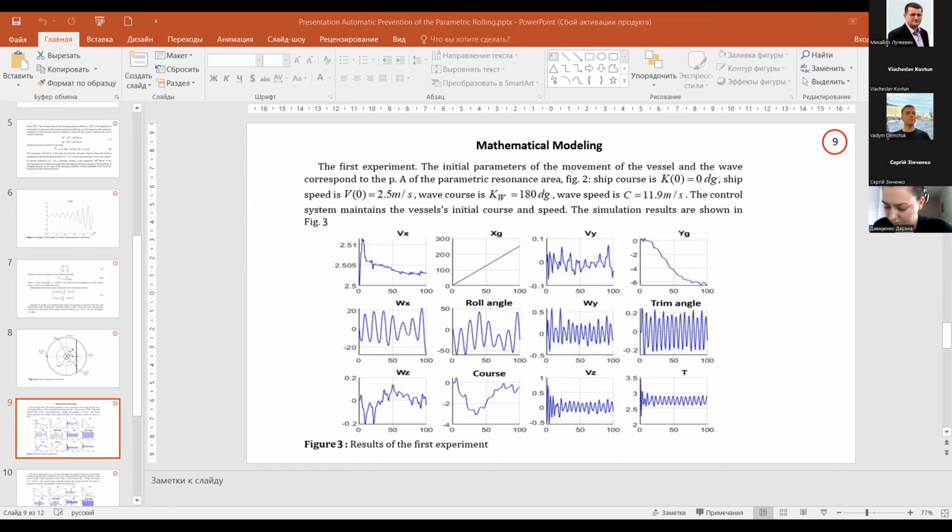The period of oscillation in the roll channel is about 12.5 seconds, which coincides with the period of the vessel's free oscillation in the roll channel and is twice the period of forced oscillation. In combination with a significant amplitude, about 50 degrees, this indicates the presence of parametric resonance of the second type.